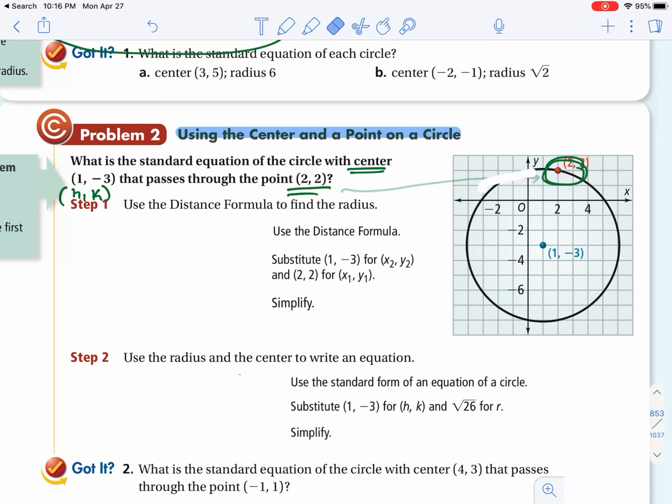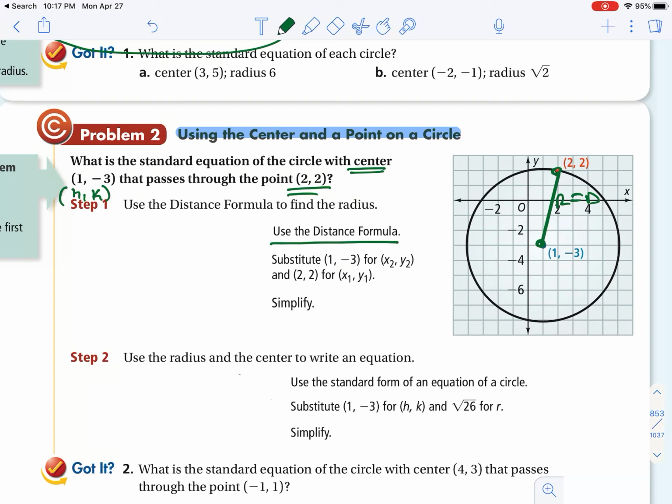So the question is, what is the distance between here and there? Because we need our radius. What we basically need to do is find out what the radius is. So let's take a look. Using the distance formula, and I'll use these guidelines at the same time, remember r is the same thing as the distance between these two points.